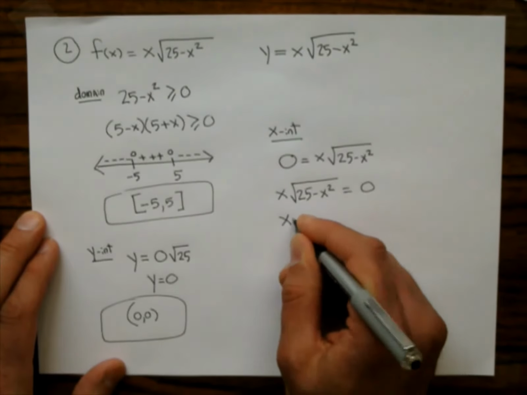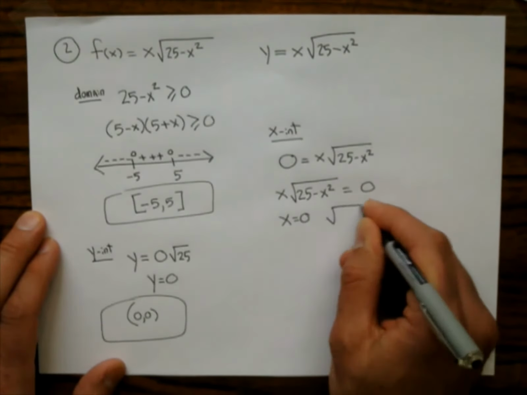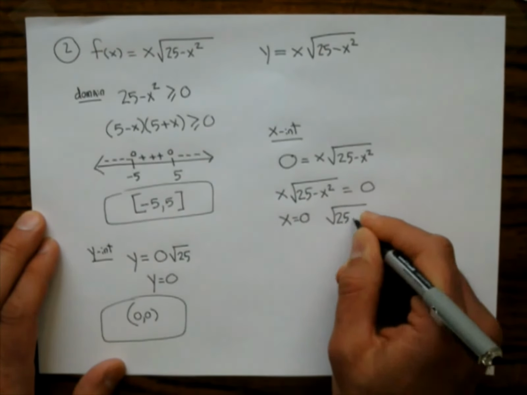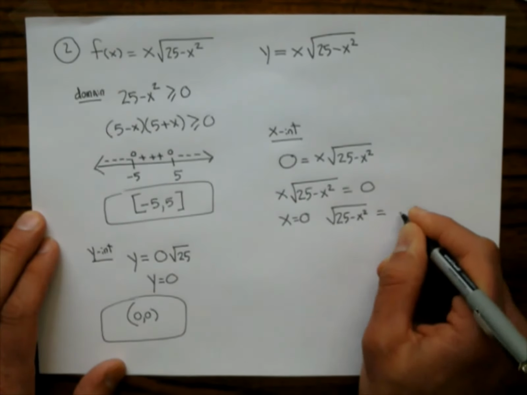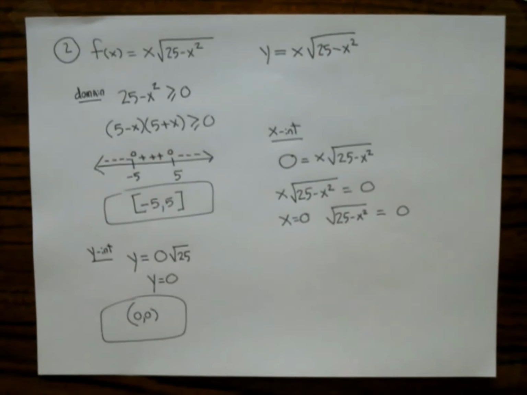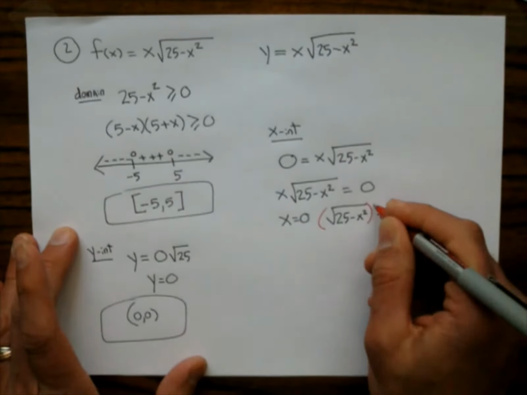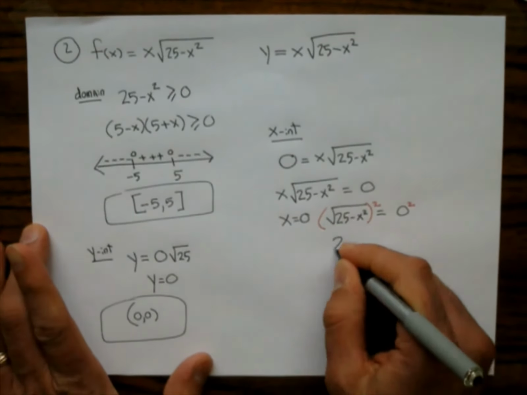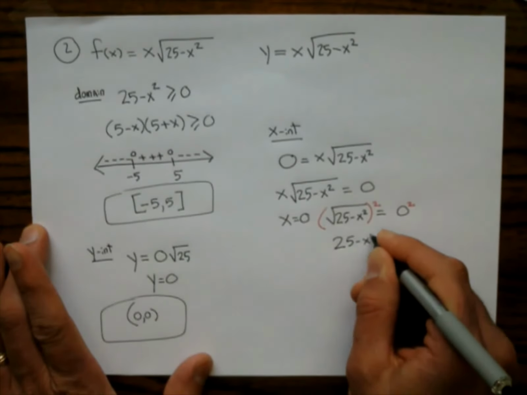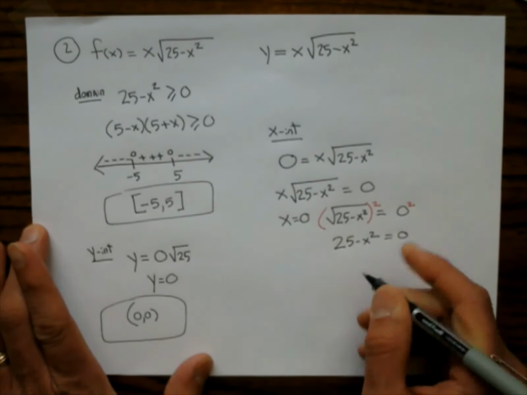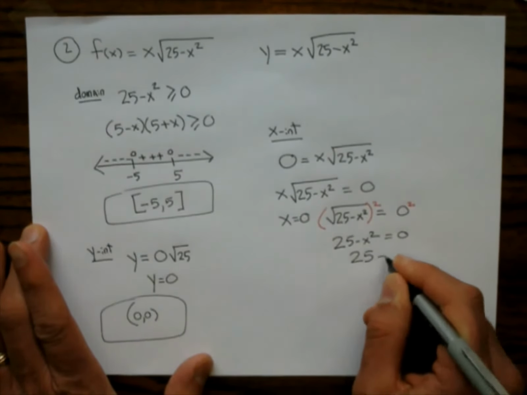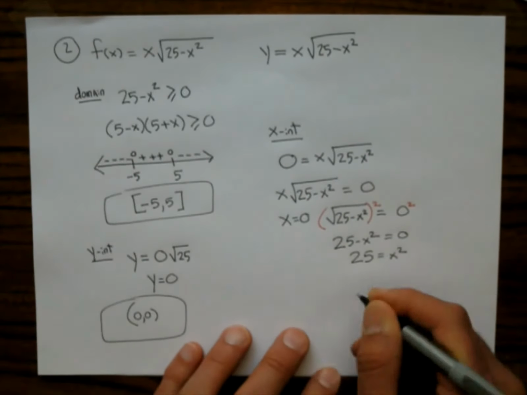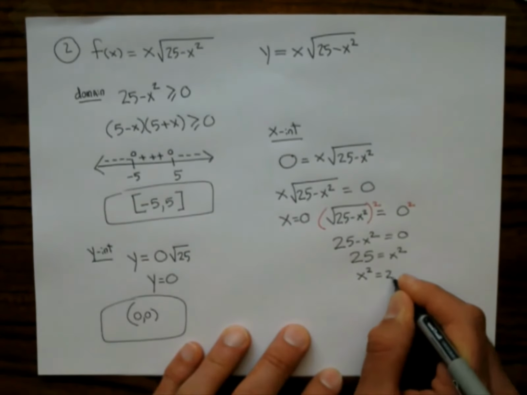So it looks like x equals 0, and so does this piece right here. With that piece, I'm going to square both sides. That gets rid of the square root, so I have 25 minus x squared equals 0. 25 equals x squared, or we could say that x squared equals 25.